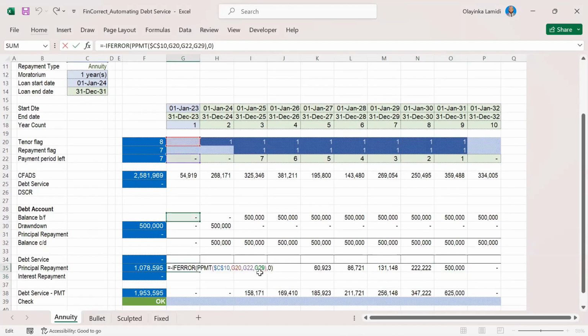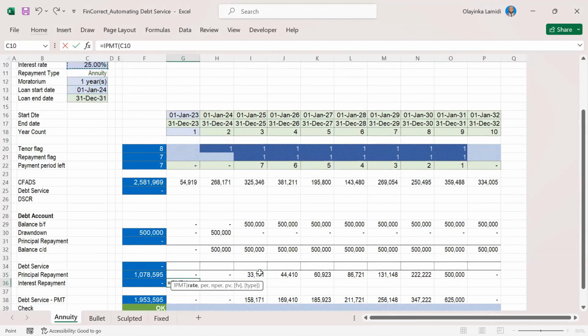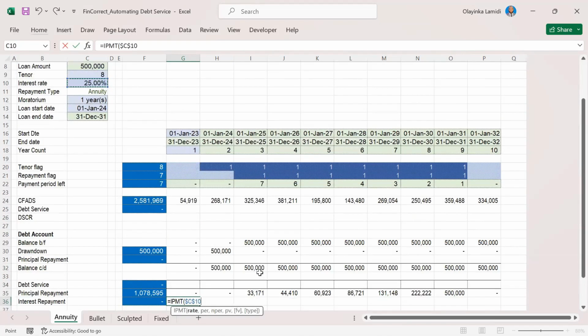So my interest repayment is still the same formula that we have here, just that I'll be using IPMT instead of PPMT. IPMT, and what is the interest rate here? The interest rate is 25%. What is the period? I'm using 1, which is the tenor flag, as the period. What is the NPER? It is the number of periods remaining here, which is of course 7, 6, 5, 4, 3, 2, 1 here.